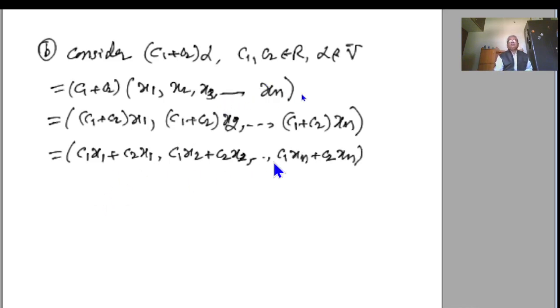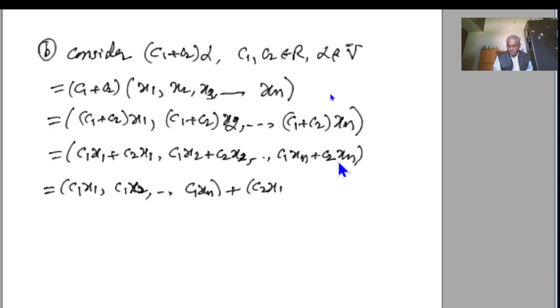This is a vector. I will write this vector as the sum of two vectors: (c1x1, c1x2, c1xn) plus (c2x1, c2x2, c2xn).